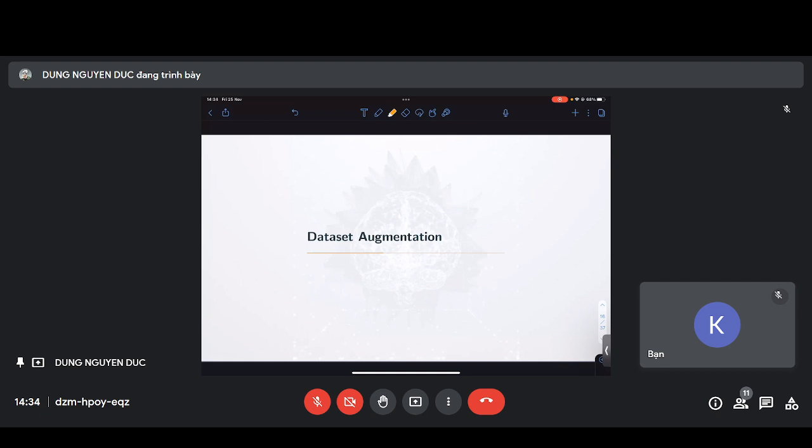So I hope that all of you get the idea and apply it in the future. Okay, then here in the material, I did mention very clearly the idea of data augmentation. We try to create fake data for training. Okay, that's the whole point.